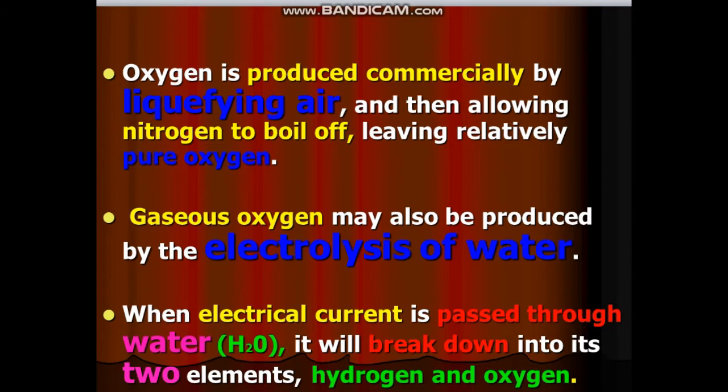Gaseous oxygen may also be produced by electrolysis of water. When electrical current is passed through water, it breaks down into its two elements, hydrogen and oxygen.